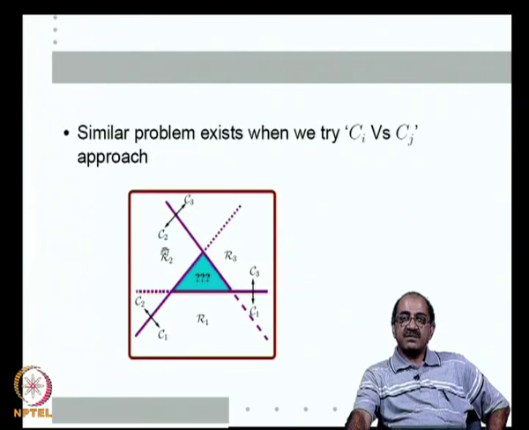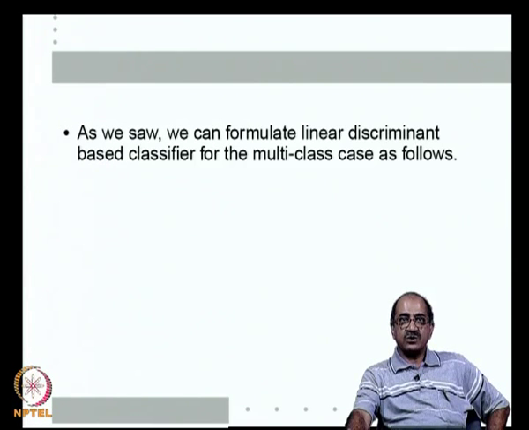So, I cannot even take a majority vote. So, there would be such undefined regions in the feature space. So, in principle both 1 versus rest as well as 1 versus 1 are not completely satisfactory solutions to the multi-class problem.